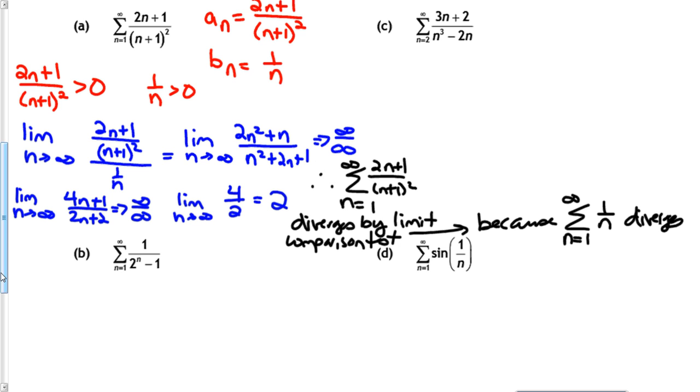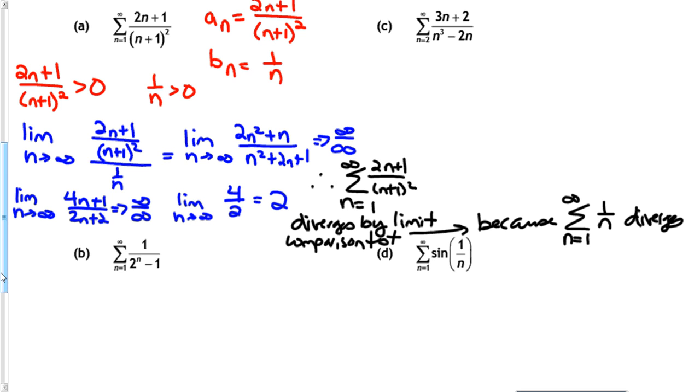Okay, so next one, let's look at B. For B, I have 1 over 2 to the n minus 1, and I need to compare it to something. Now, in this case, I can compare it to 1 over n if I want to, but let's look at these terms.